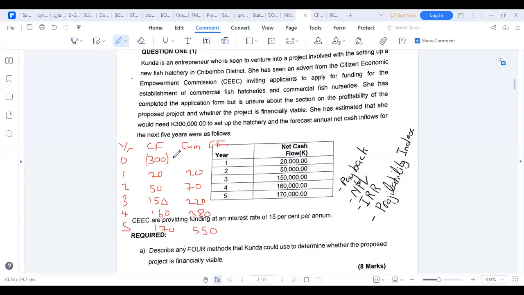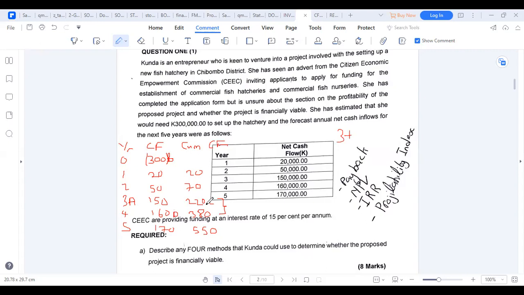We identify where the 300 will be extinguished. So in which period are we looking at? 3. This period, eh? Yes. So our A is here. Our B, our C, and our D. So 3 plus what?